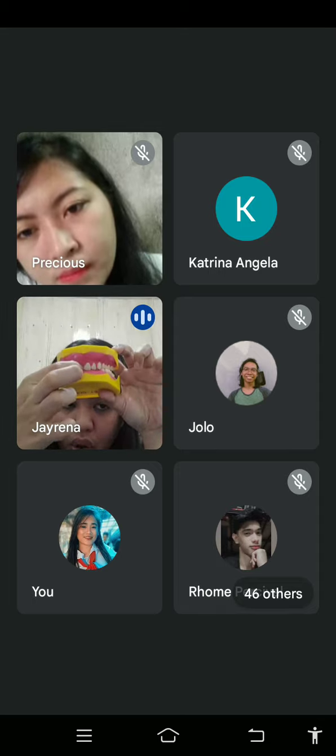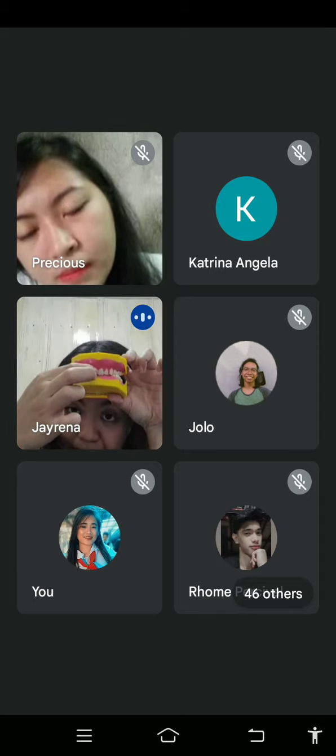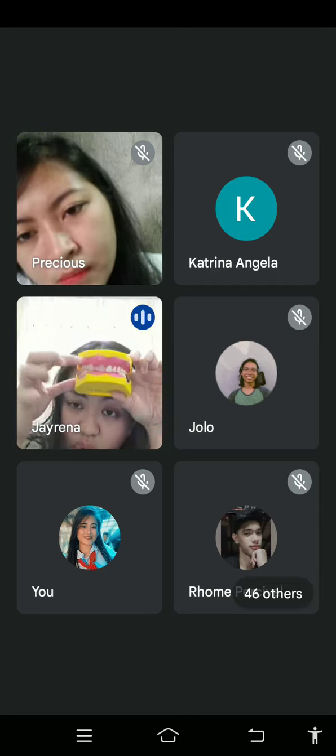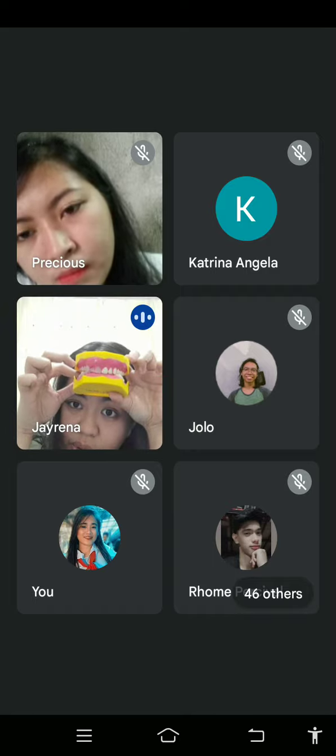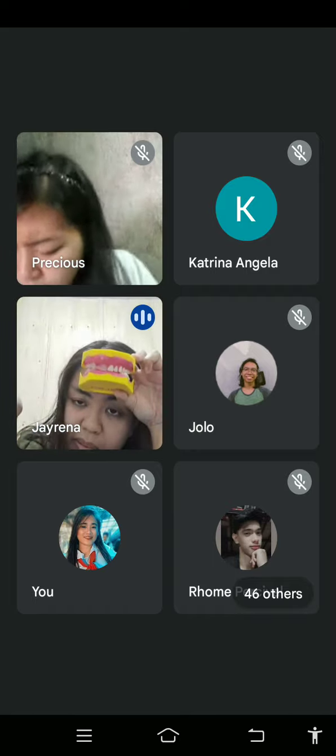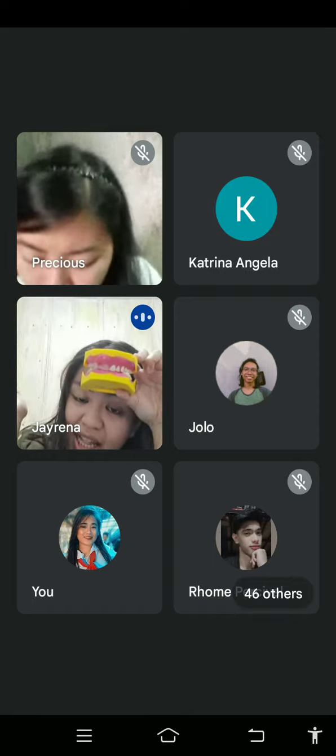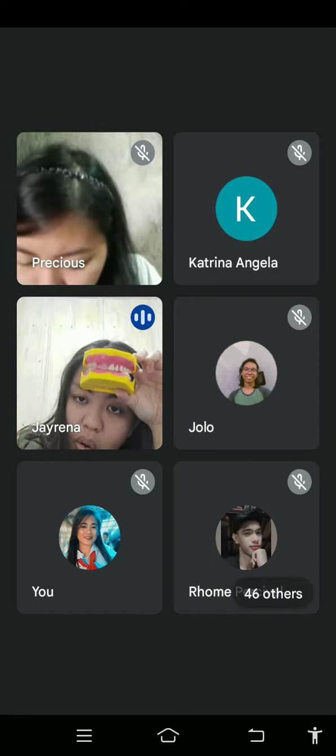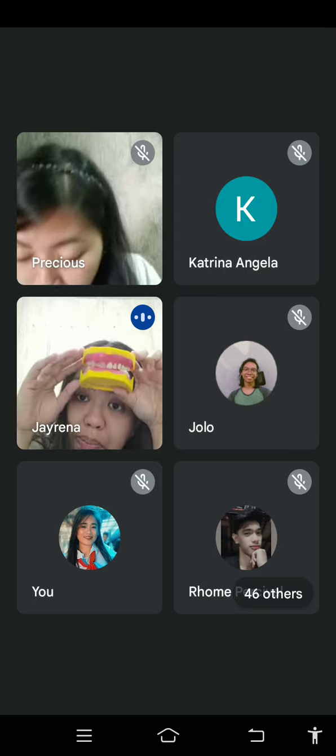Anong tawag dito? Middle, nasa gitna. If you move farther away sa middle, you call it as distal. Everything that is away from the midline, you call it distal. Everything that is towards the middle, you call it mesial.